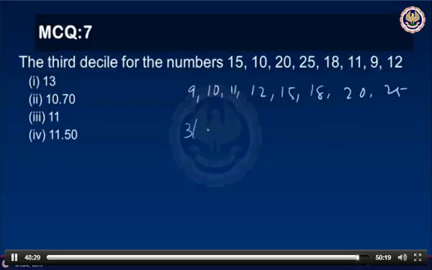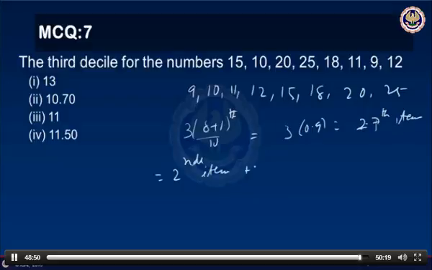Third decile is 3 into n plus 1 by 10th item, that is 3 into 0.9, 2.7th item, that is the second item plus 0.7 into the difference of the third item minus the second item.